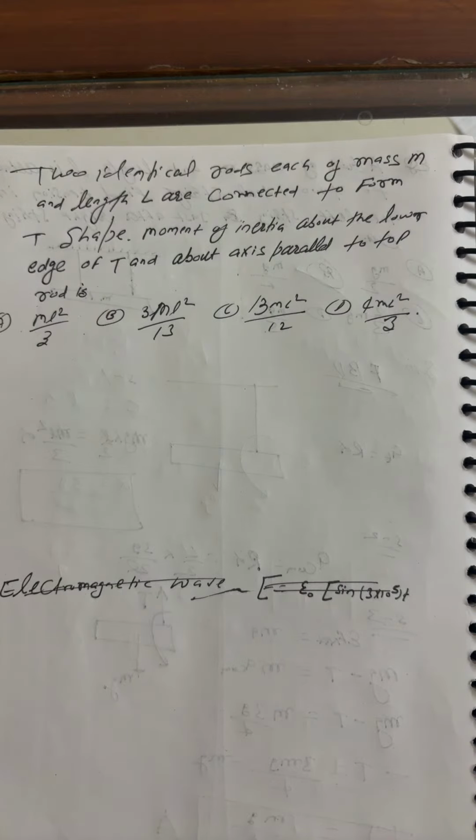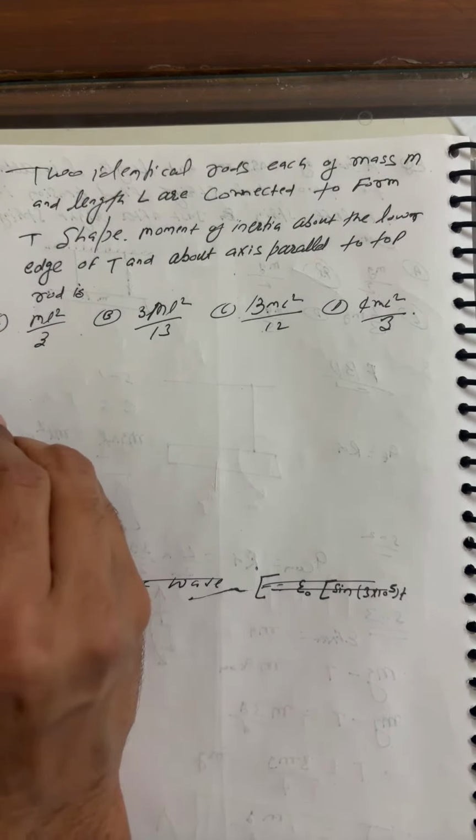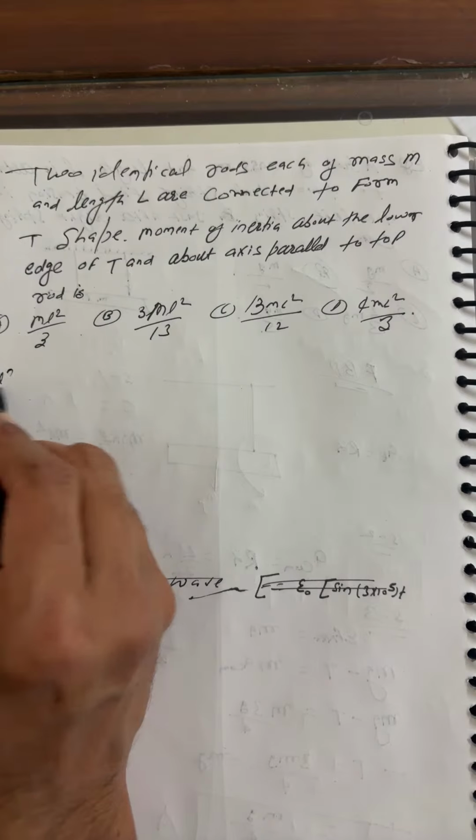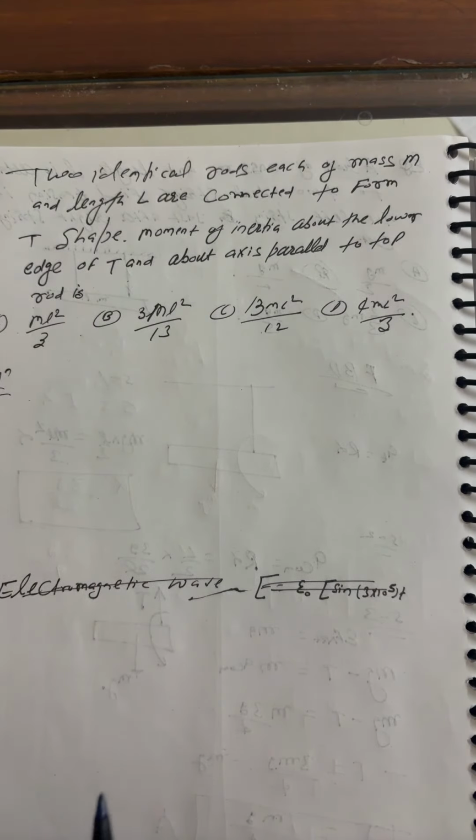So what's the question, students? Two identical rods, each of mass m and length L, are connected to form a T shape. Okay, there are two rods. For the solution, they are framing a T shape.